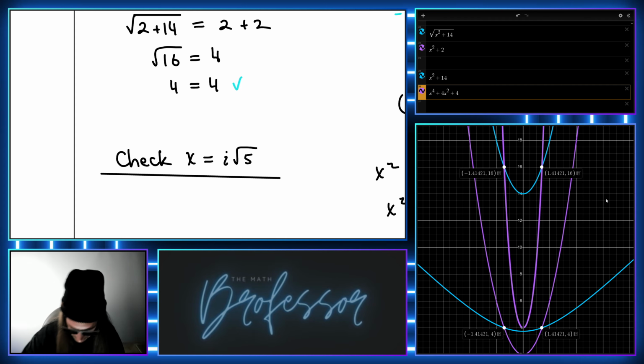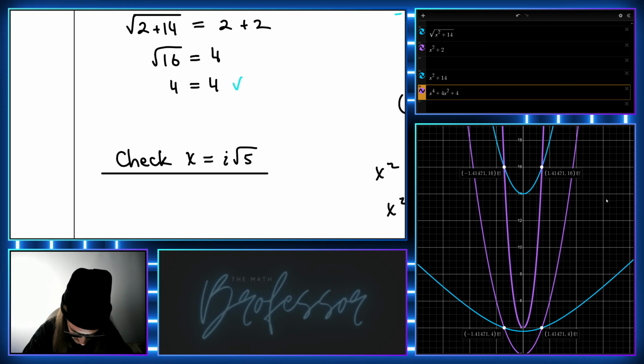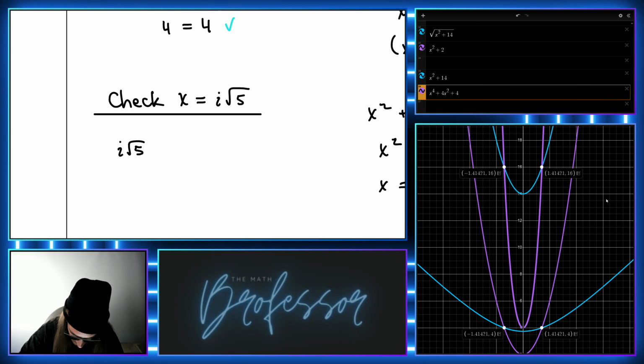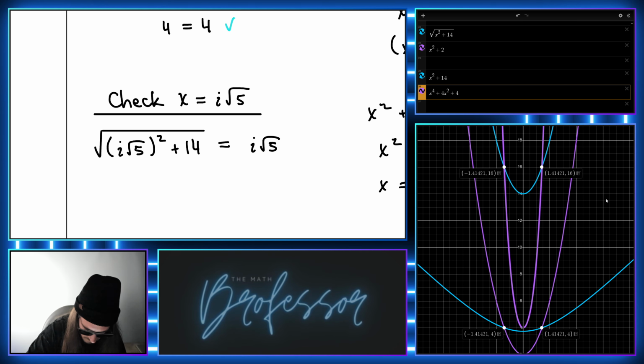Be fascinated by it. This is going to be pretty cool here. I want a straight line, though. There we go. Okay, so i root 5. We're going to plug i root 5 into this. So that would be the square root of i root 5 squared plus 14 equals i root 5 squared plus 2.